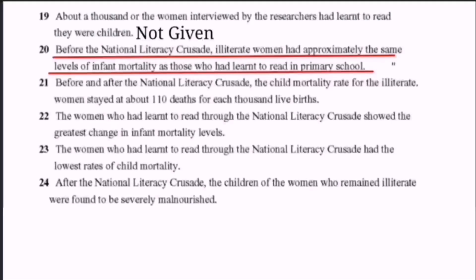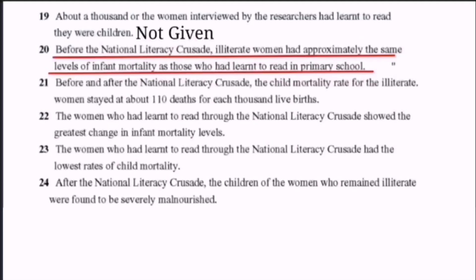Question number 20. Before the National Literacy Crusade, illiterate women had approximately the same levels of infant mortality as those who had learned to read in primary school. It means that before the National Literacy Crusade, or the National Literacy Campaign, the death rate of 1-year-old children of uneducated women is the same as that of women who had got a primary school education.